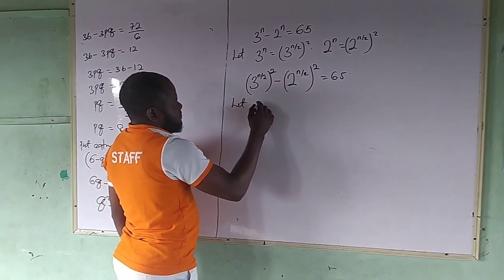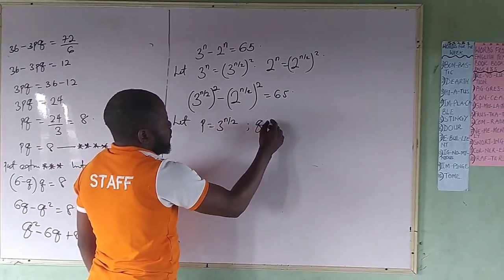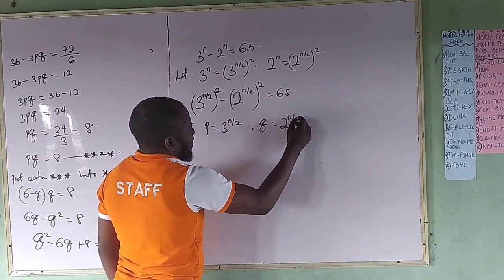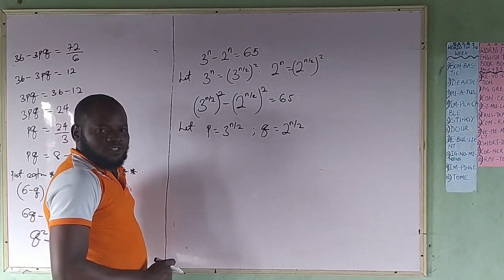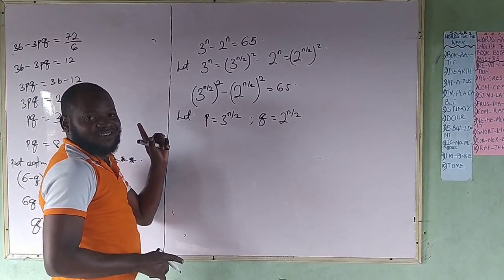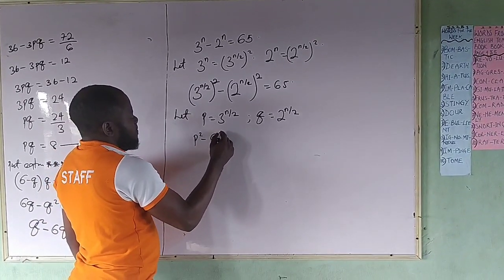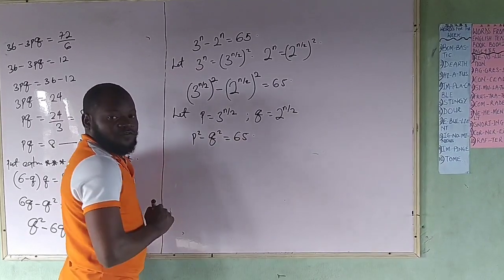So let p equal 3 to the power of n over 2, and q equal 2 to the power of n over 2. Do you know that p and q are so good because they save us in these questions? So coming back, this becomes p squared minus q squared equals 65, right?